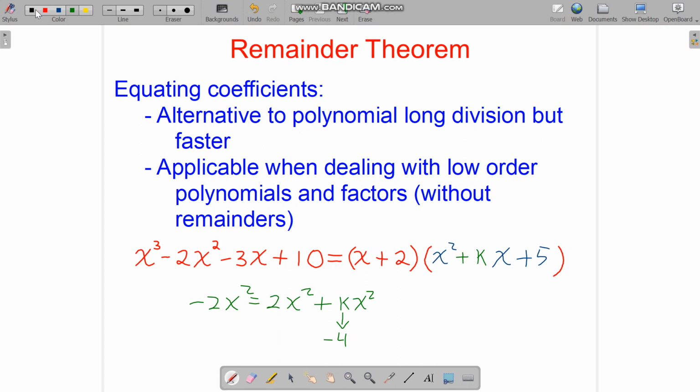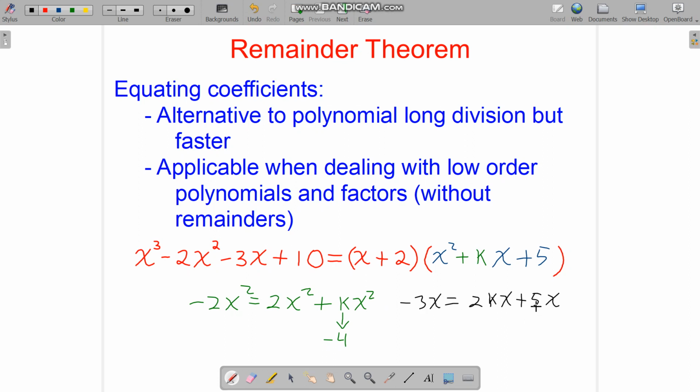Or we can also use the x term. From the right hand side, the term with x is when we do 2 times kx, so we have 2kx, or from x times 5, so 2kx plus 5x, that's all the terms with x on the right, and on the left the term with x is just minus 3x.